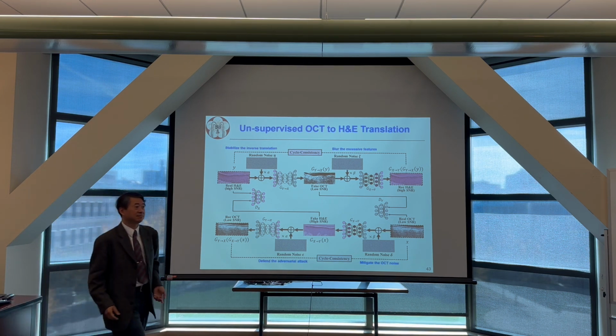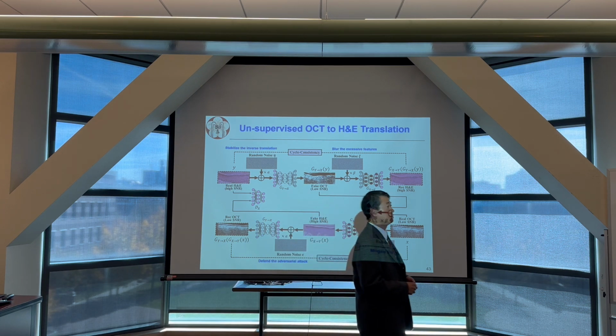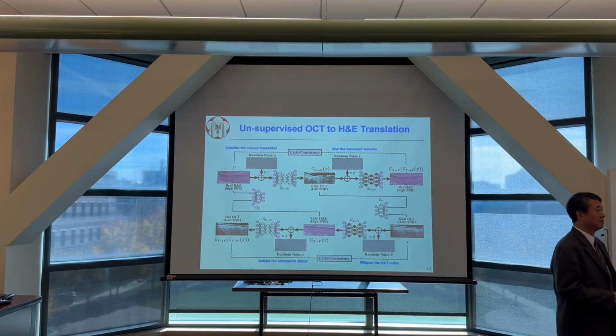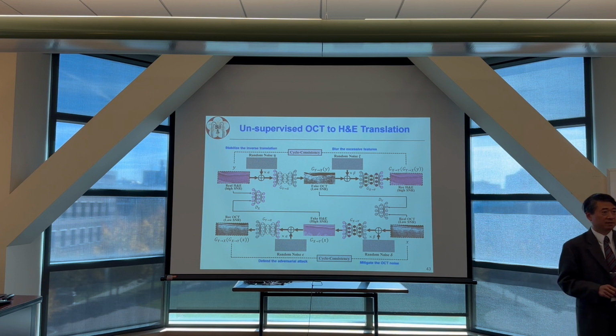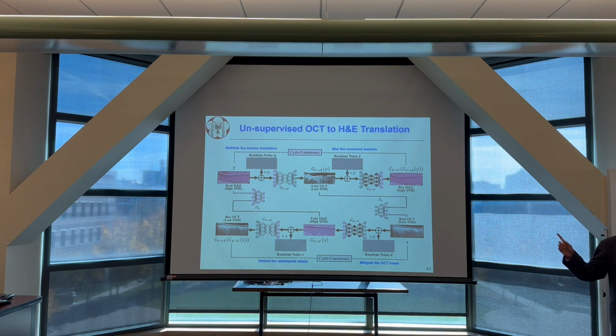Just wondering for the segmentation data set, how costly is it to obtain the segmentation map? Is it from the clinician, and how large is the benchmark, and is it publicly available? Okay, so answer your last question first. Right now, only for the animal model do we have data, as I mentioned, we uploaded to the IDR. Everyone can download.